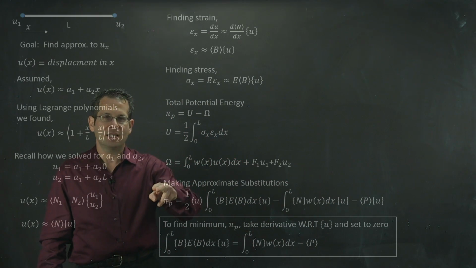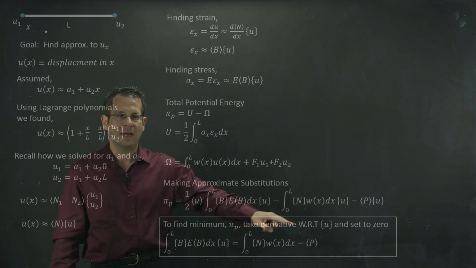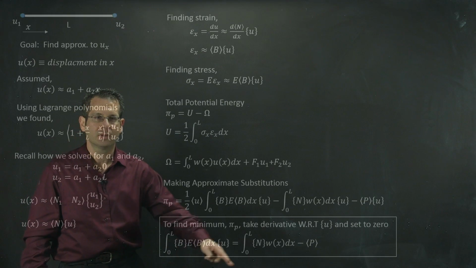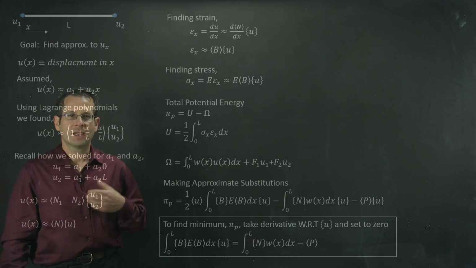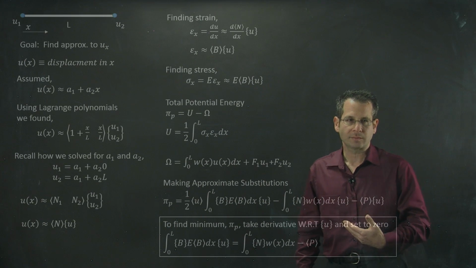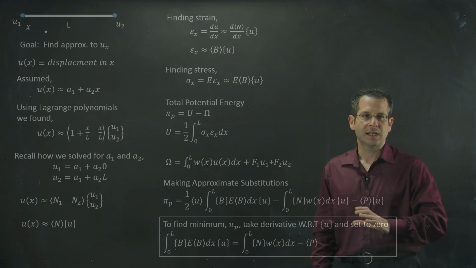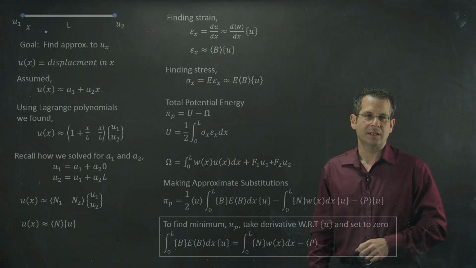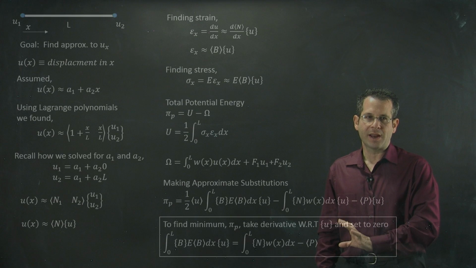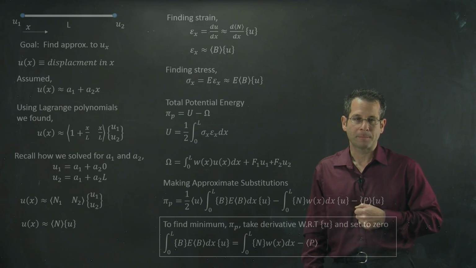So after I take the partial derivative with respect to u, and I set my partial derivative to 0, I get this form, which is the form that I need to solve for my unknown displacements given knowledge of the external forces. This is what I referred to as the finite element form using the principle of minimum potential energy.